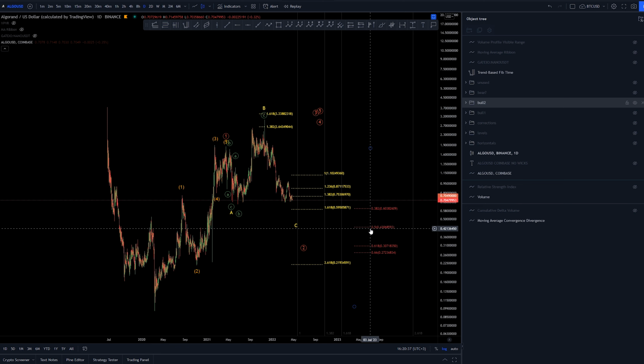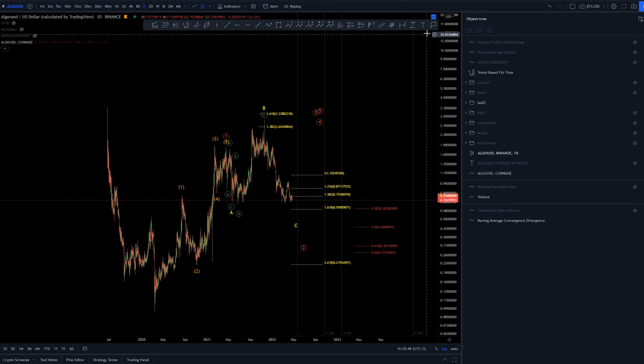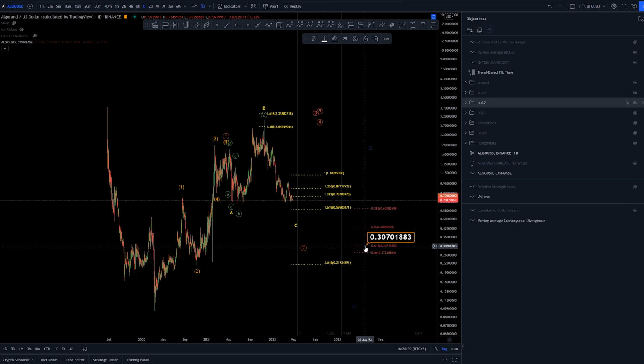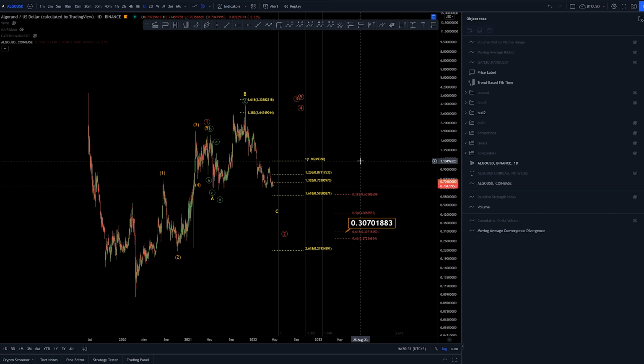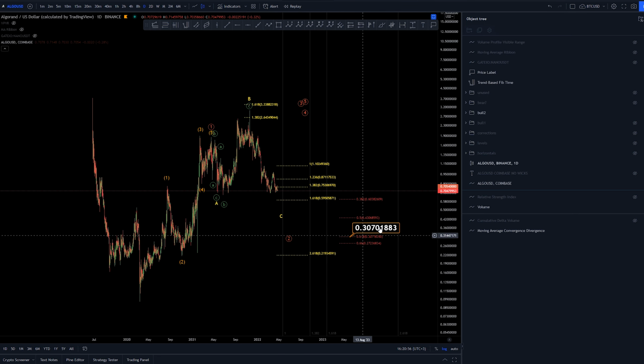The retracements for this wave 2, we haven't even reached the 38.2% retracement, and usually we get to around the golden pocket, and that golden pocket is all the way down at 30 cents, which with a flat would be really unlikely though.